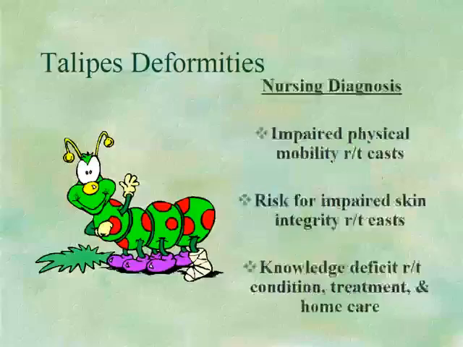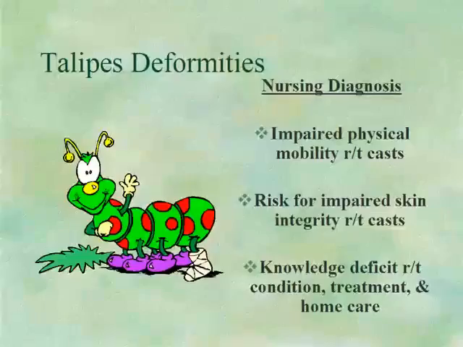I have 3 nursing diagnoses listed here that would certainly apply to a child who has been diagnosed with a talipes deformity and is undergoing treatment. Impaired physical mobility related to the casts. If you look on page 1214 in your textbook, you'll see that casting is usually the treatment of choice for a talipes deformity. You will see that they put the feet in an over-corrected position.